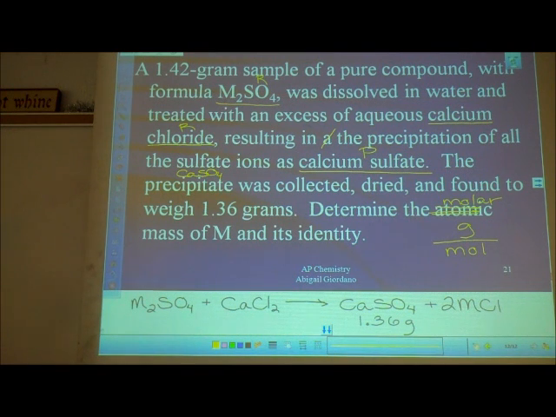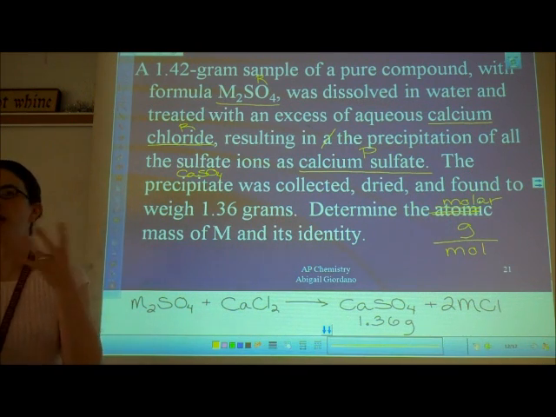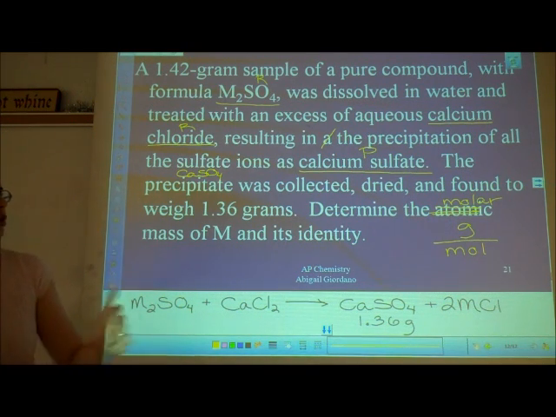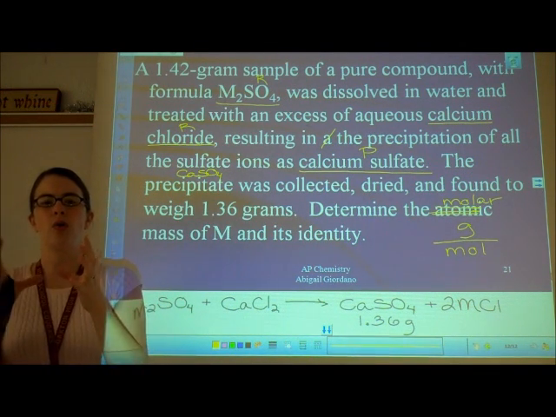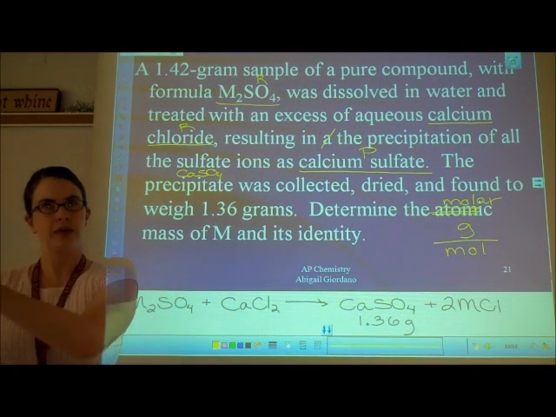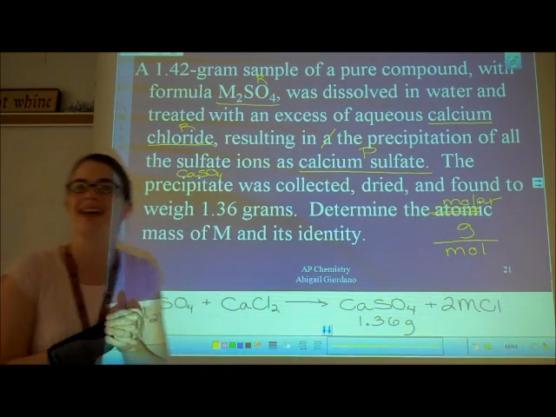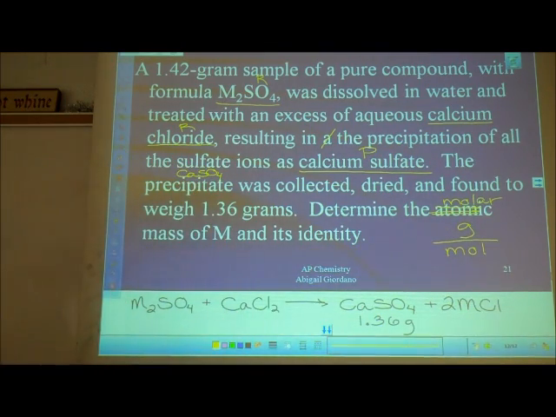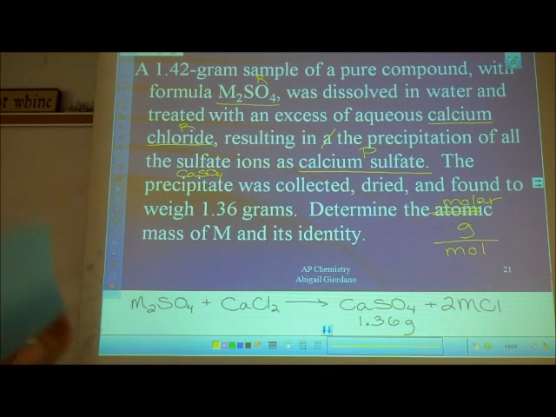Meaning if you have some substance, element, compound, whatever, and you know its mass, and you know how many moles that is, if you divide them, it will give you that substance's molar mass that you would find on the periodic table.